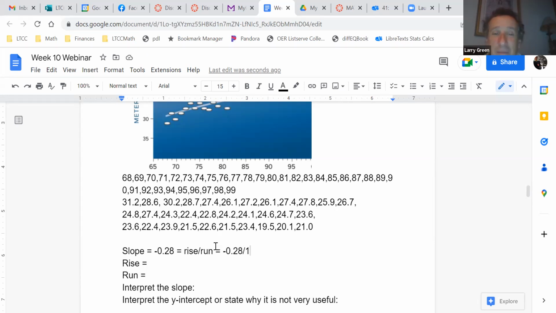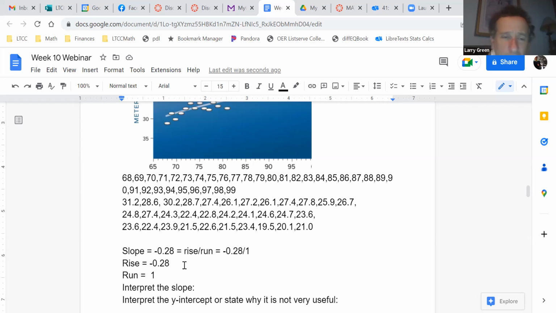I know that's really silly math, but it turns out it's going to be very helpful for understanding how to interpret these things. So the rise is the numerator, which will be -0.28. The run is the denominator, which is 1. Any questions on that?